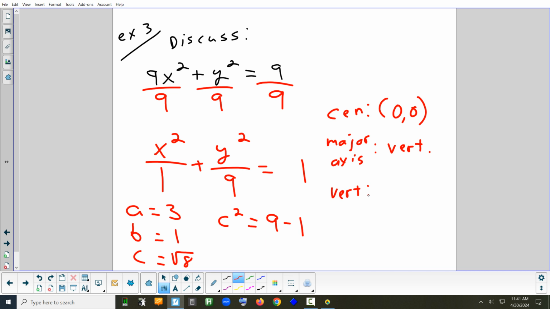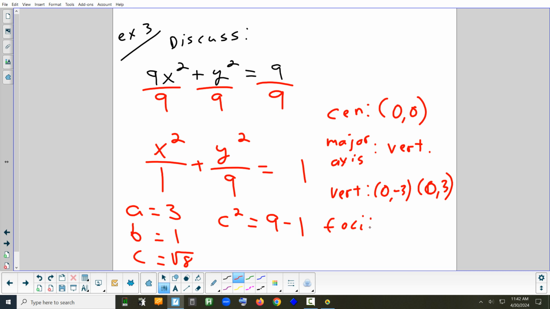How many units away from the center is each vertex? Right, they're both 3 units away from the center, and they are above and below the center. So you need to go 3 up and 3 down from the center. So 0, -3, 0, +3.